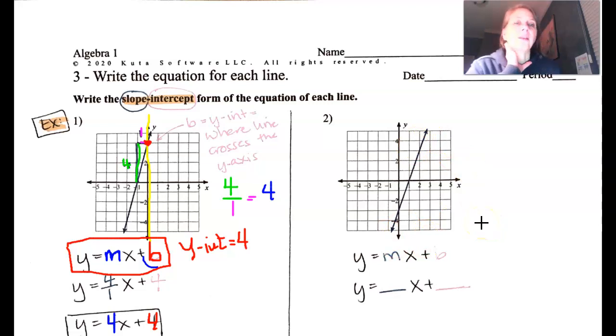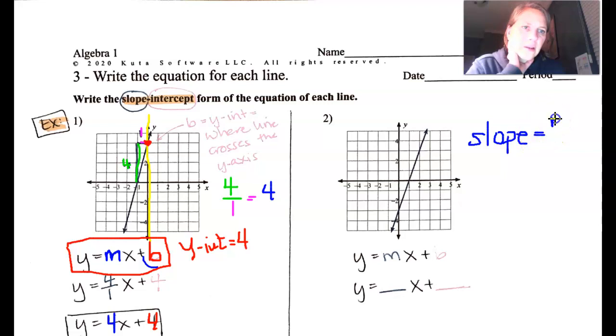Let's go on to the second one. I've given you a shell to fill in the information that you find. First you want to find the slope. I'm going to use that blue again for the slope, and I'm going to try to write this in with my mouse. The slope, remember, is the rise over the run.